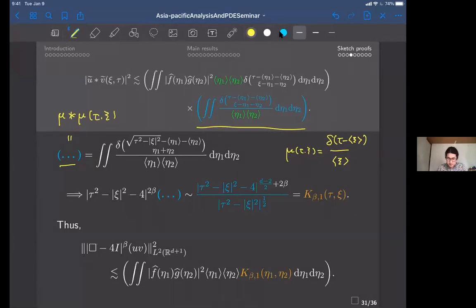Then this thing can be simplified as this. So this is where you use the Lorentz transform. Now the story is very simple. You can just let eta 1 and eta 2 be equal, so that this thing goes to squared and you have a 2. Then by using polar coordinates, you can just directly calculate it. And it turns out this bracket thing is this thing.